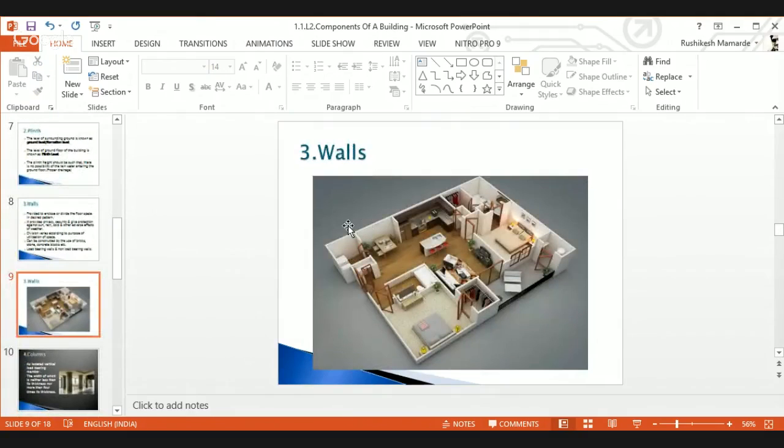As you see here, I have shown a picture. You can see different types of walls constructed there. Here is a closet, here is a kitchen, here is a bedroom, and again another bedroom. Here you can see a home theater, a gallery, a balcony, a living room, different types of utilization.